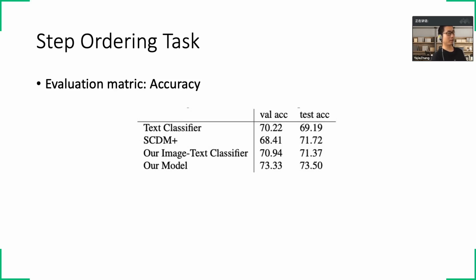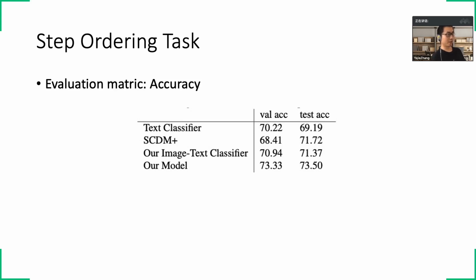As shown in this table, we calculate the validate accuracy and the test accuracy for 4 models. The text classifier and the SCDM plus model are described in the YouMakeup baseline paper, and our image text classifier is shown as before in our model architecture.